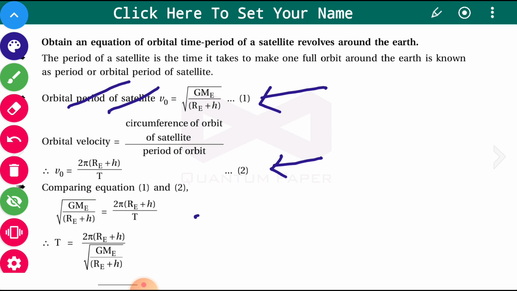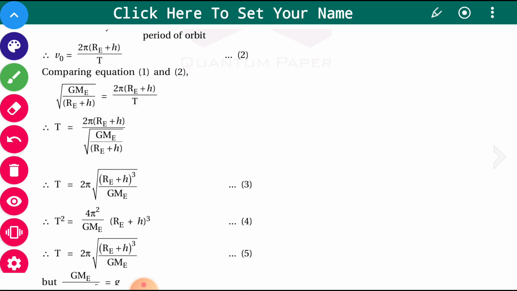So comparing them, we get the square root of GMe upon (Re plus h) is equal to 2 pi (Re plus h) upon T. If you make T the subject of the formula, the new equation can be written as T is equal to 2 pi (Re plus h) upon the square root of GMe upon (Re plus h).